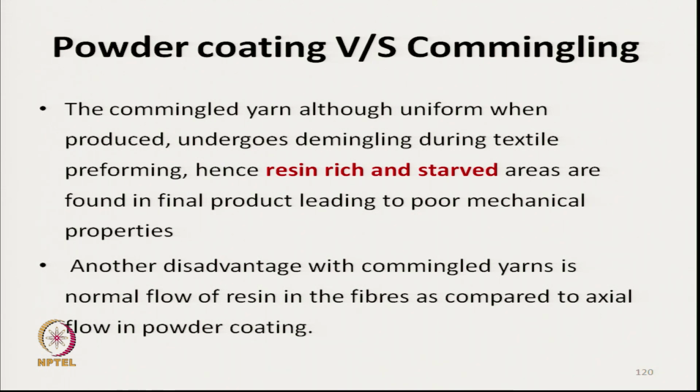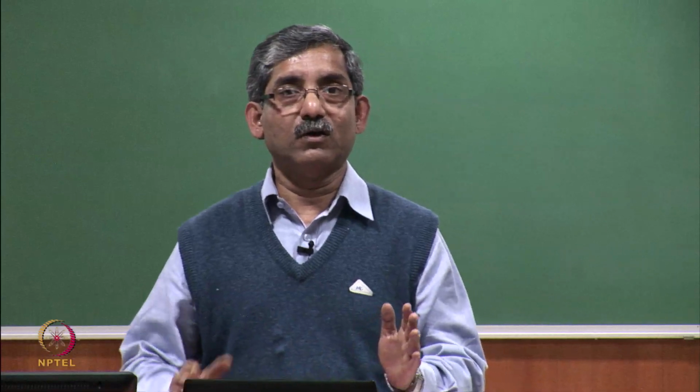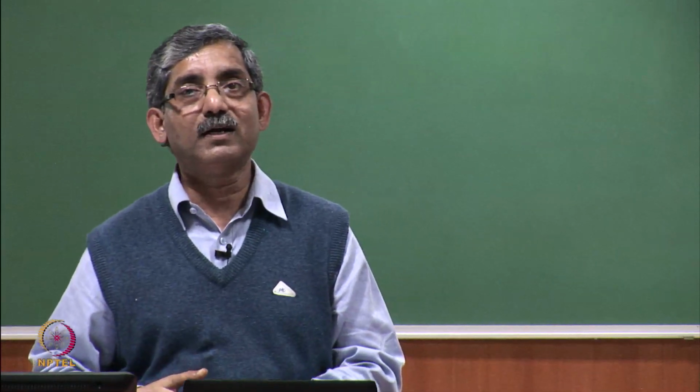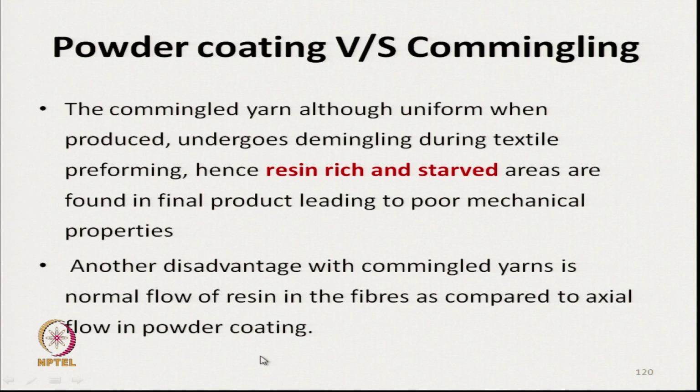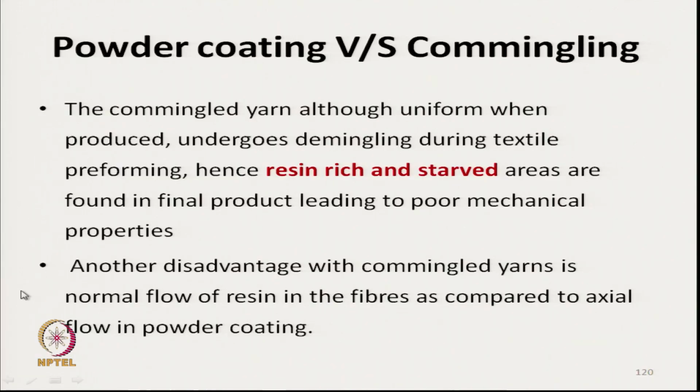The other disadvantage of this yarn is normal flow of resin as compared to axial flow in powder coating. In powder coating we do not need normal flow because all the individual filaments are coated, but in commingling we actually have normal flow of resin.